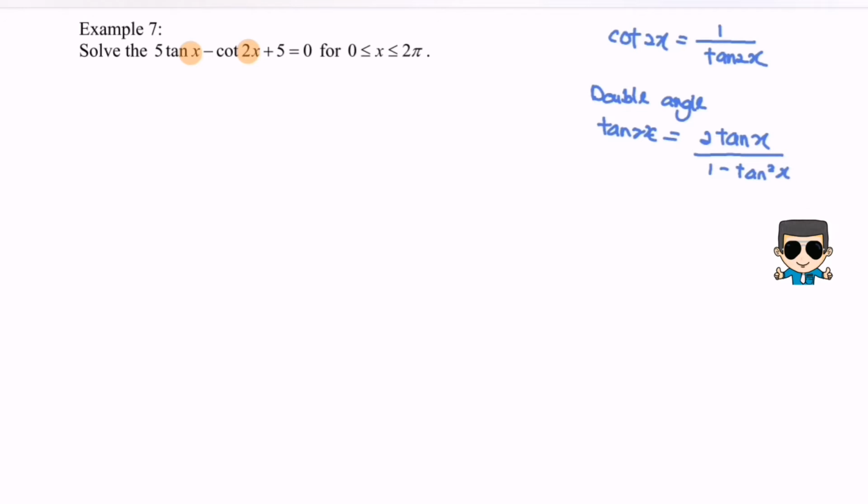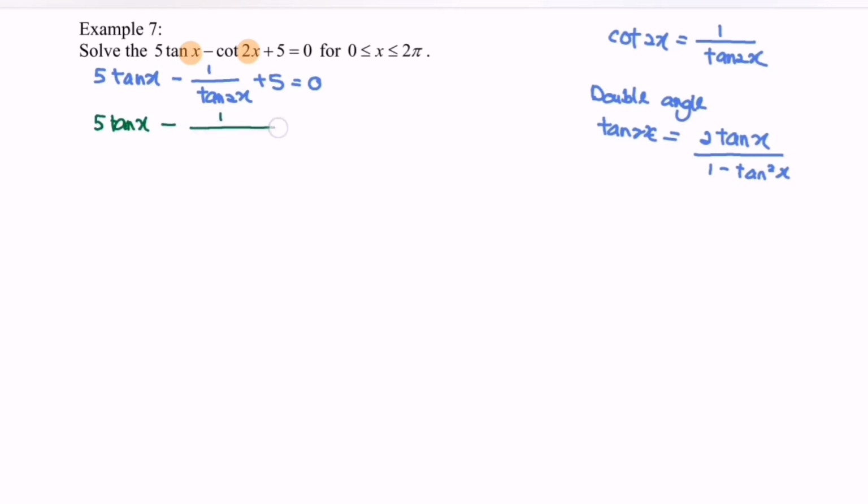So now I'm going to substitute: 5 tan x minus 1 over tan 2x plus 5 equals 0. Next, I'm going to substitute the double angle: 5 tan x minus 1 over 2 tan x over 1 minus tan squared x, plus 5 equals 0.